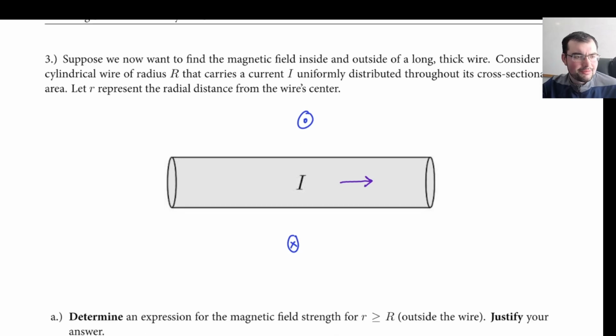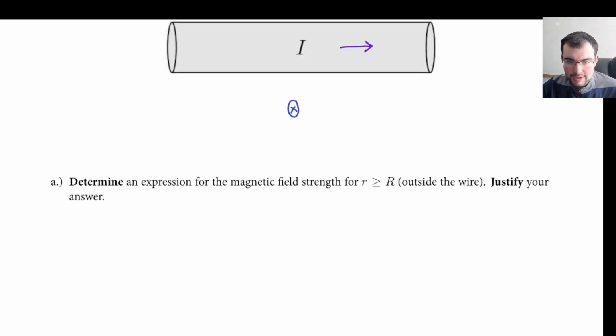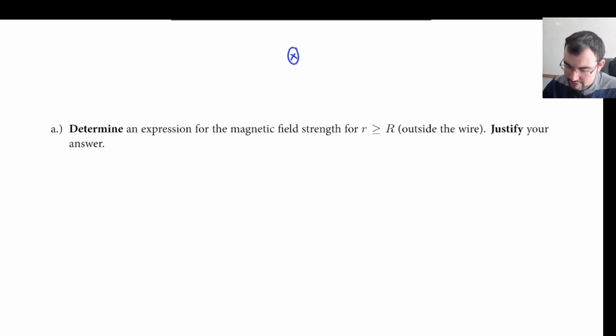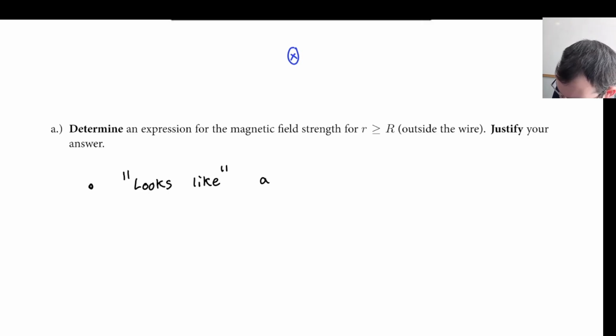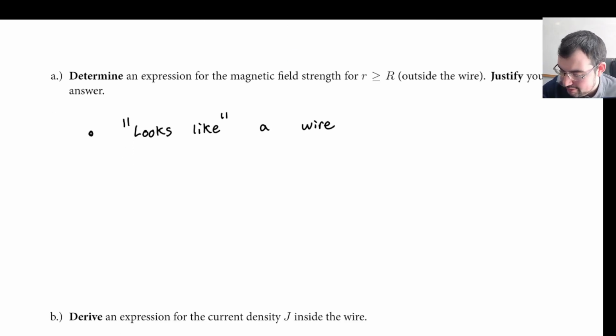So outside the wire, well, what does it look like? Again, just like with Gauss's law, we have like our equivalent of the shell theorem. So it just looks like a wire. So what do we mean by that? Again, we can just say that if you're ever outside a current distribution with symmetry, you can always just use the outside formula.